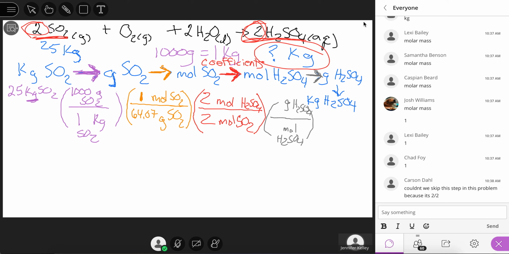And using the molar mass of sulfuric acid, it's 98.09, and it's going to be per 1 mole. And then the very last step is just going to be this one right here, where we go grams to kilograms. And we're going to use that 1,000 grams equals 1 kilogram.